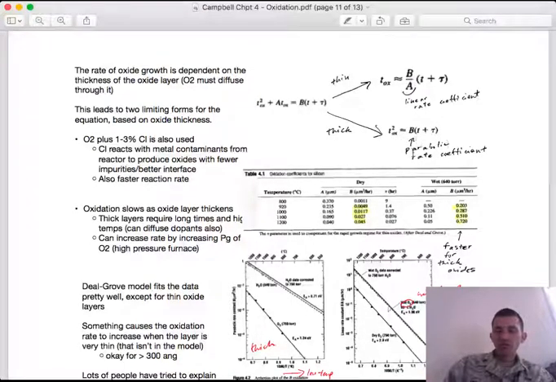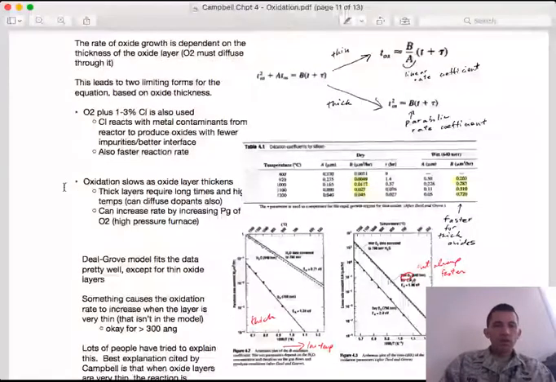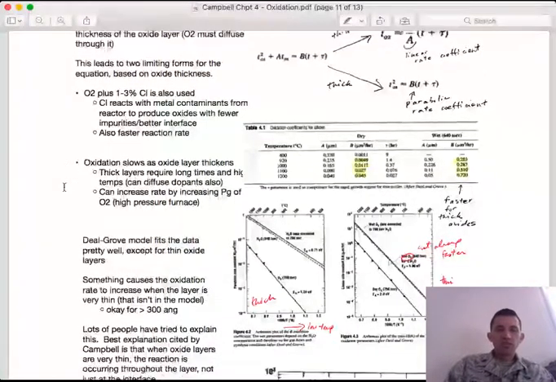So what we're seeing is that for thick layers, the oxide growth is slowing down. Which makes sense because as it gets thicker, it becomes harder to diffuse that oxygen across the growing layer.